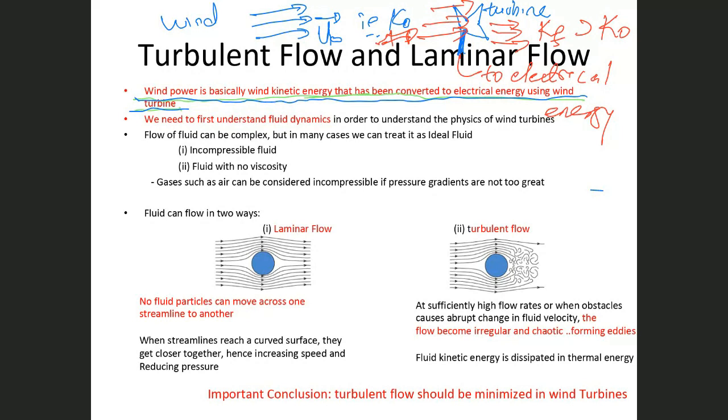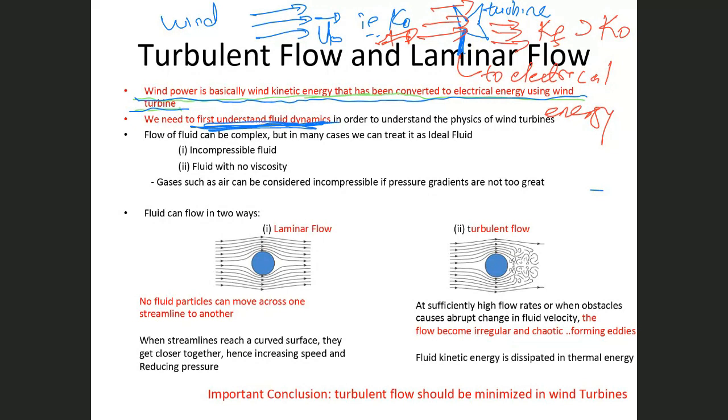However, in order for us to understand how a wind turbine works, we need to fully understand some fundamentals of fluid dynamics. What happens when fluid flows? What is the physics behind it? Air is a gas, and a gas is a fluid.